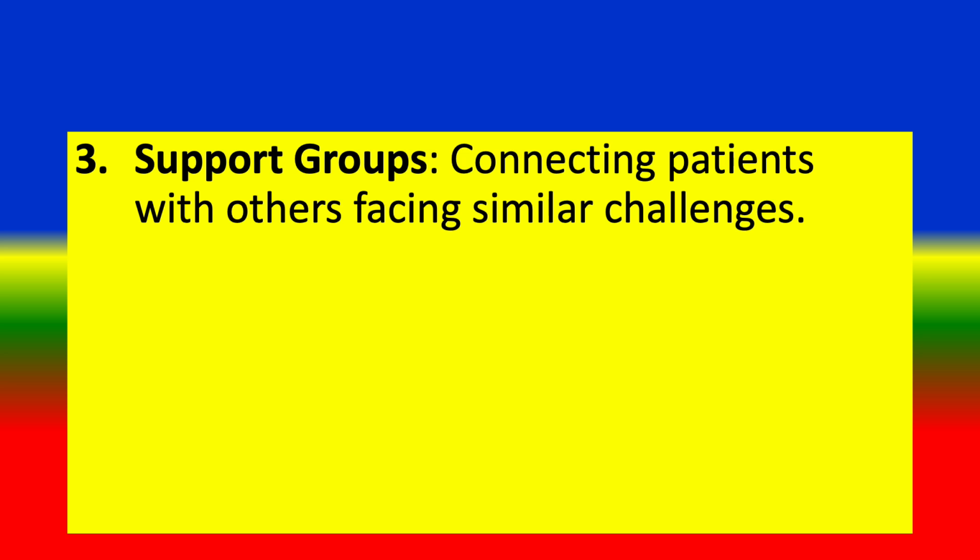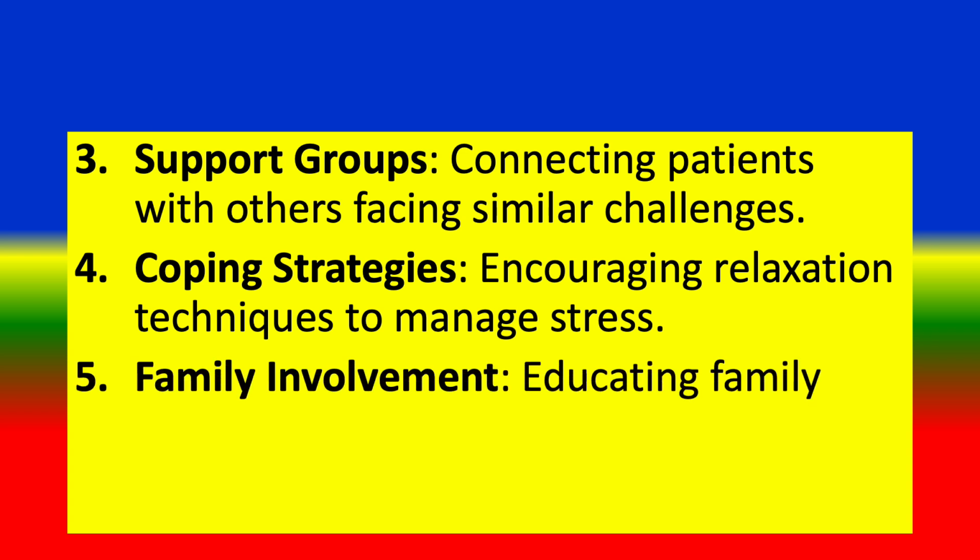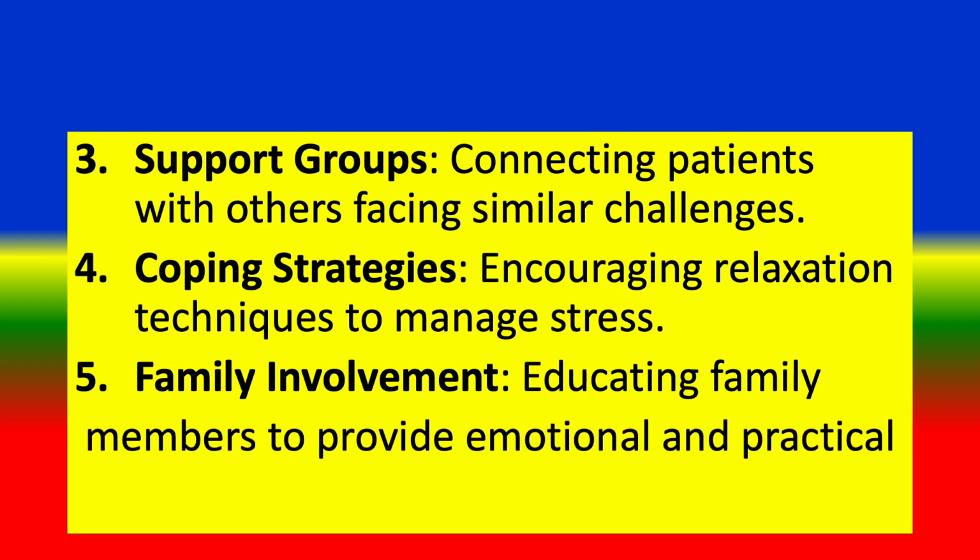Support groups, connecting patients with others facing similar challenges. 4. Coping strategies, encouraging relaxation techniques to manage stress. 5. Family involvement, educating family members to provide emotional and practical support.